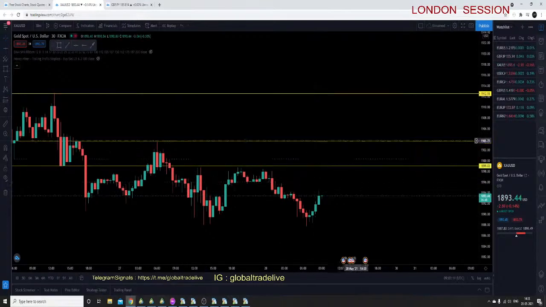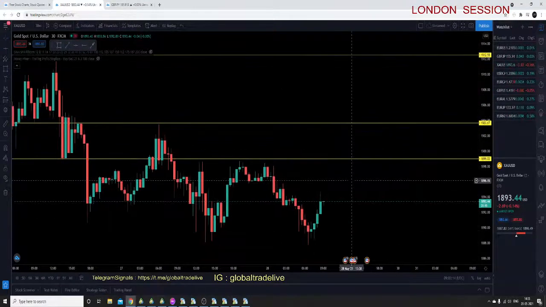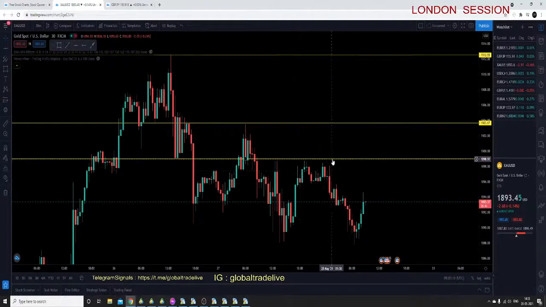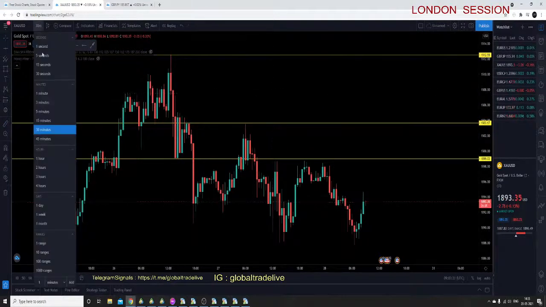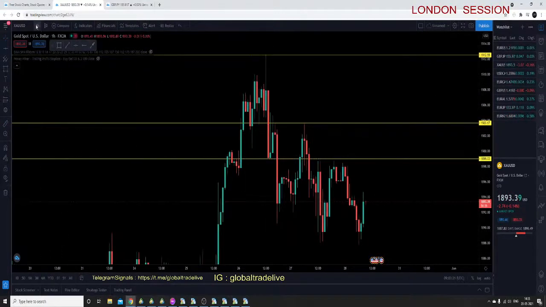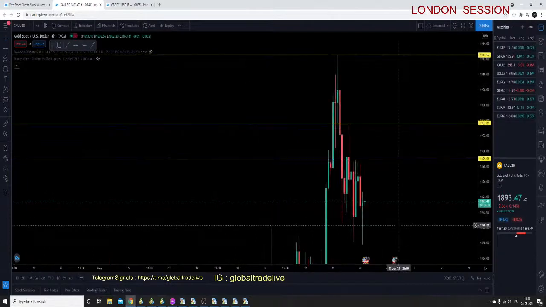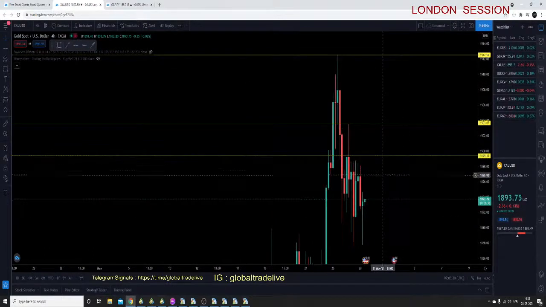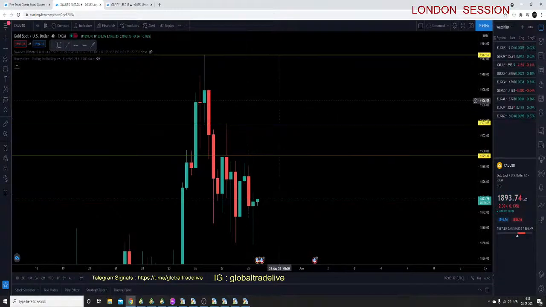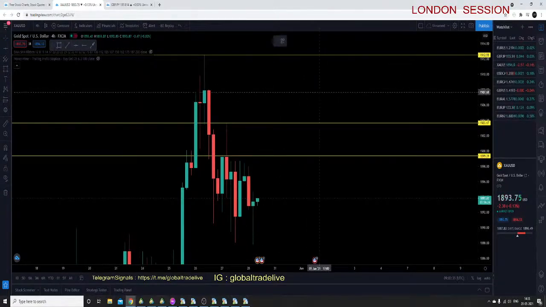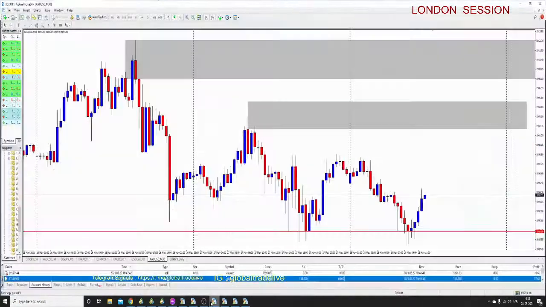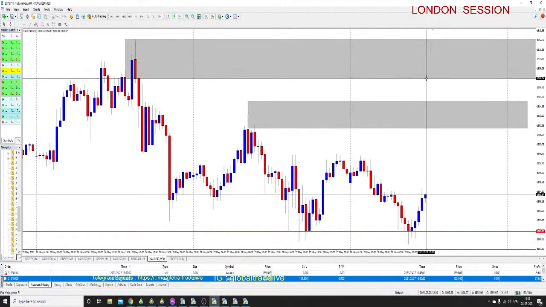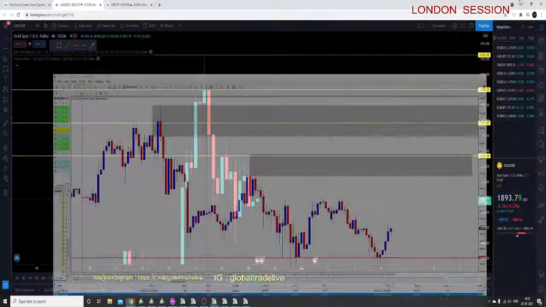I think we should be trading this area. 1908.02, 1908.04, same area.